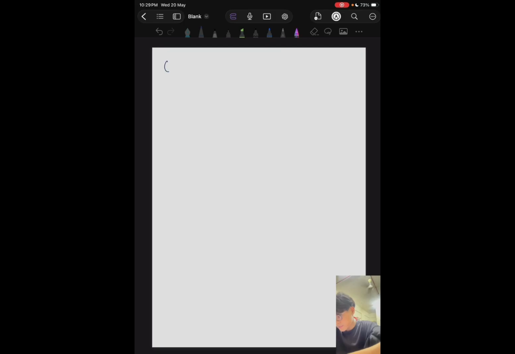So u is 4x, v is y, with u prime and v prime equal to dy over dx. This is for the u and v, and for the u prime and v prime.